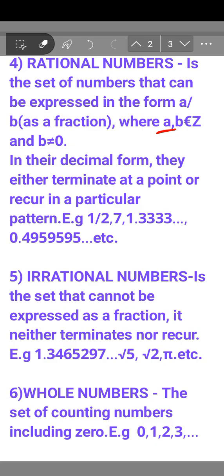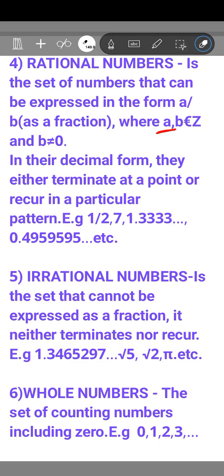But the denominator b must not be 0. What happens if the denominator is 0? We know that in mathematics, anything over 0 is undefined. So if b is 0, the whole of this fraction becomes undefined. So b must not be equal to 0.